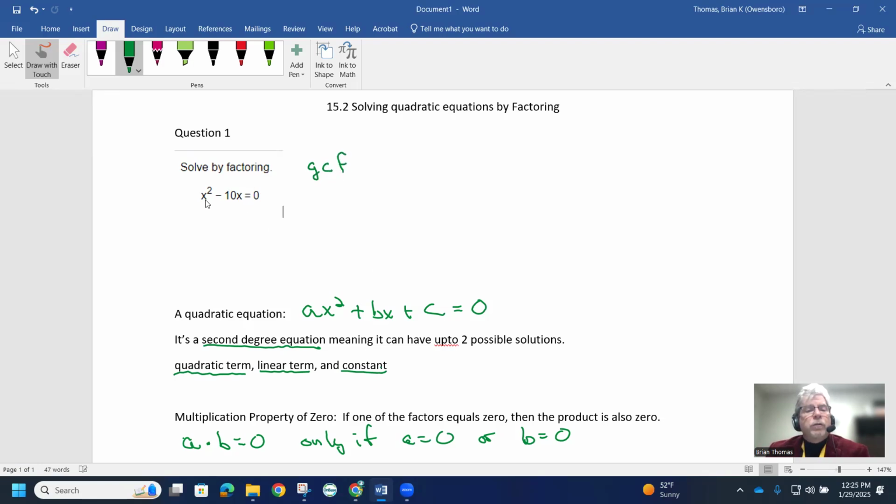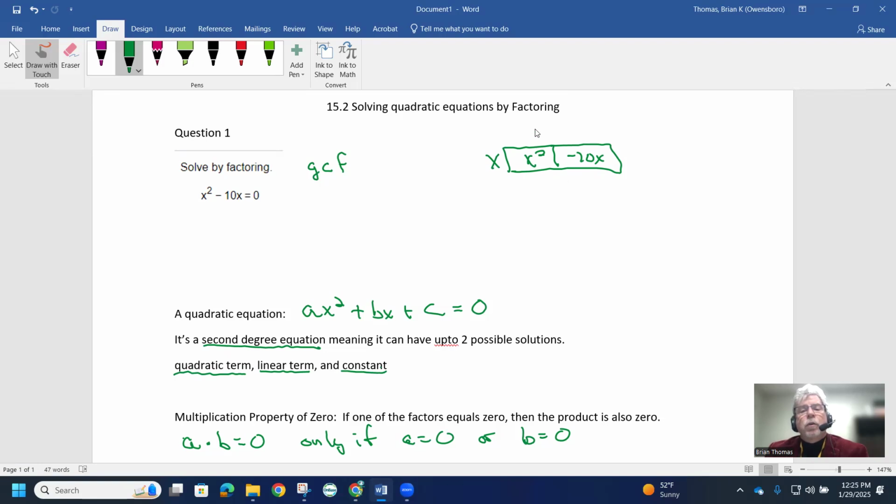The two terms are x squared and negative 10x. Remember how we also could do this in a box. What I'm looking at is, do these two terms have anything in common? Well, they both have an x in common, so I can factor the x out.